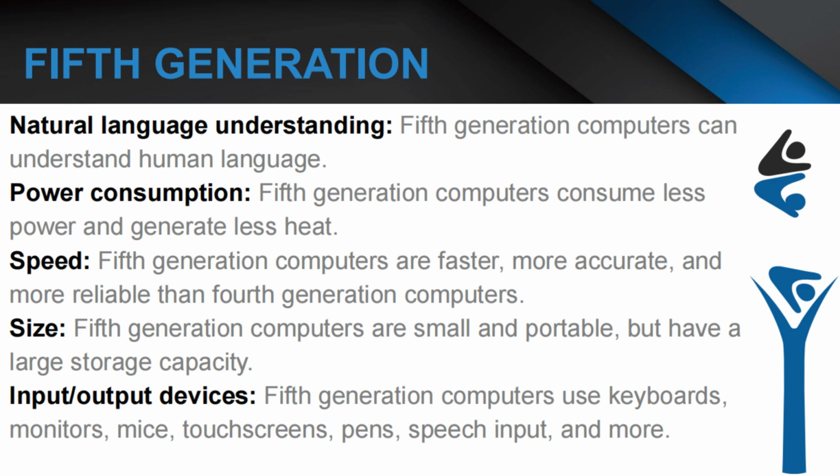Power consumption: they consume less power and generate less heat. Speed: they are faster, more accurate, and more reliable than fourth-generation computers. Size: they are small and portable, but have a large storage capacity.